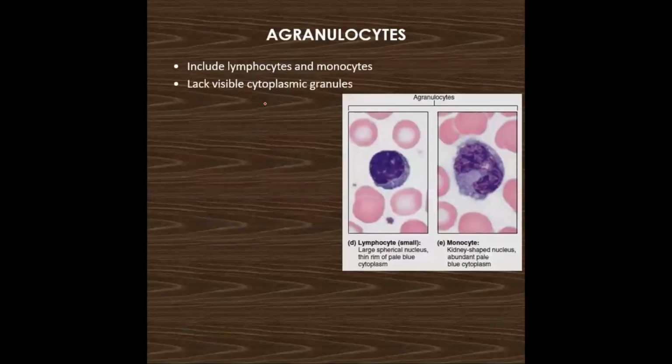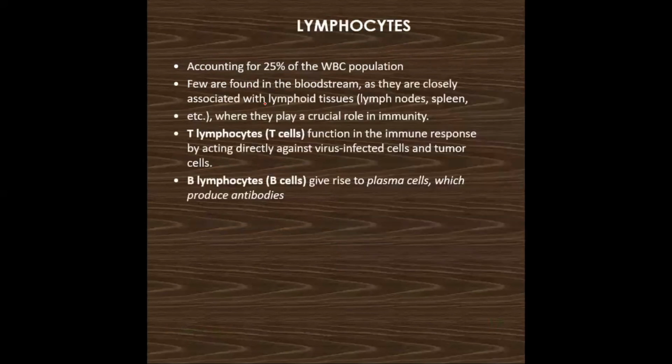Then comes the agranulocytes. They include lymphocytes and monocytes and lack visible cytoplasmic granules. If we talk in detail about lymphocytes, they play a vital role in producing antibodies, and their size ranges from 8 to 10 micrometers. They are commonly known as natural killer cells. They play an important role in body defense.